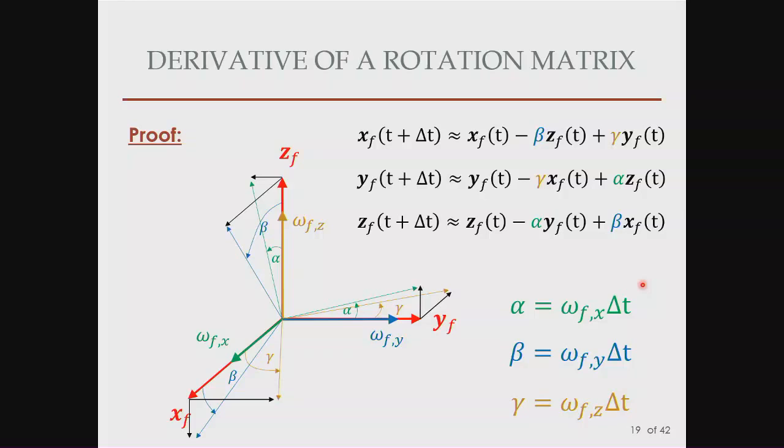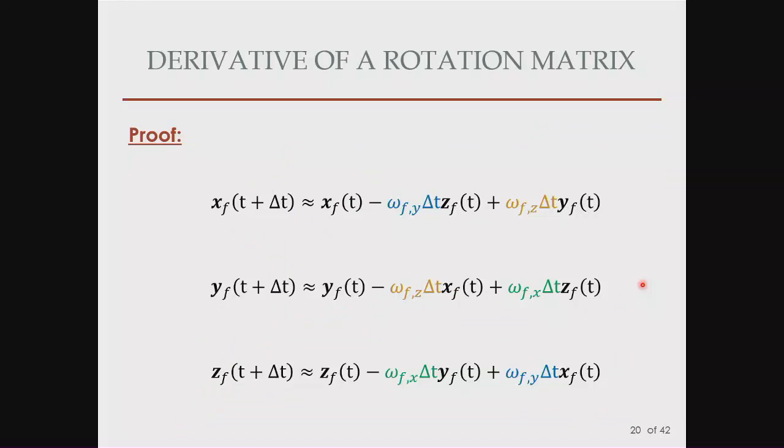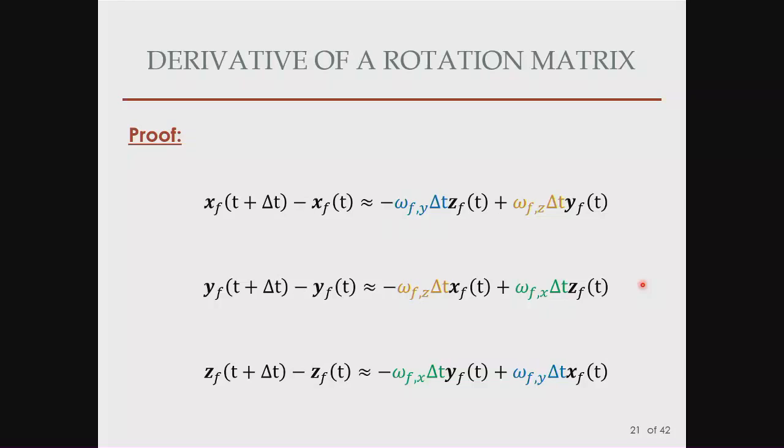Step by step, in the next step I just substituted alpha, beta, and gamma with their actual expressions. Alpha is this, beta and gamma. And now I'm going to shift the x, y, z to the left-hand side. I'm going towards getting the derivative of the axes x, y, z.